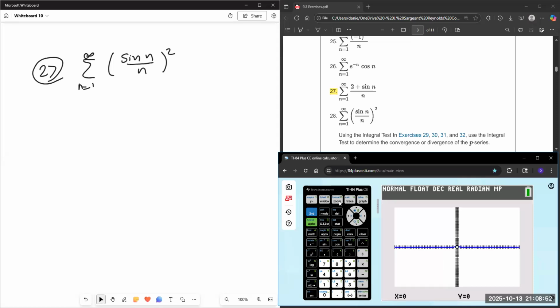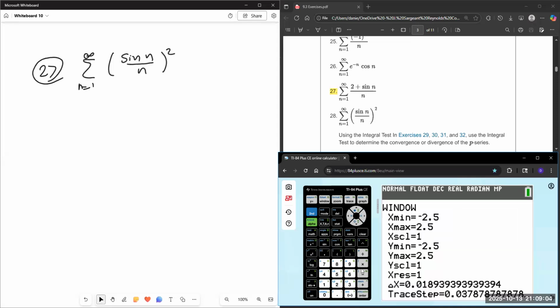We can't really see it, so let me zoom in instead, from 0 to 10, and let's make the scale here go between 0 and 1 by tenths.